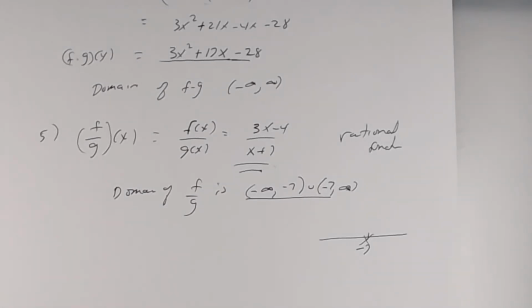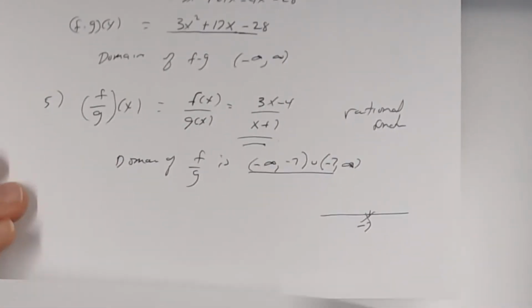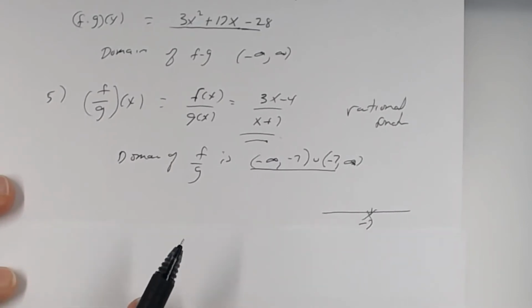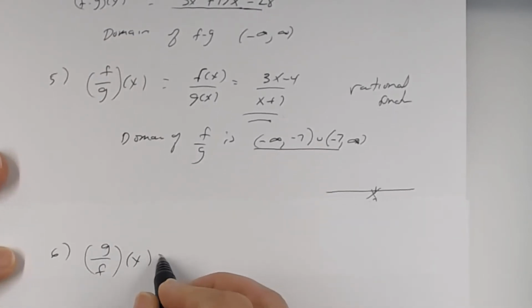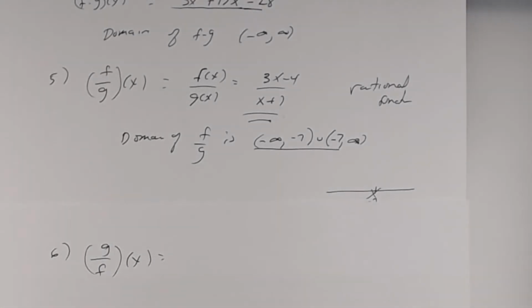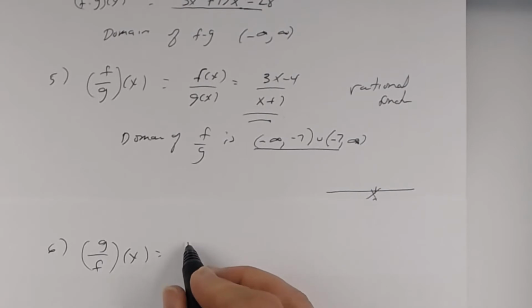All right, let's do number 6, and I think we'll be done with this. Okay, number 6. We have g divided by f at x. All right, well, by definition, what does that equal?